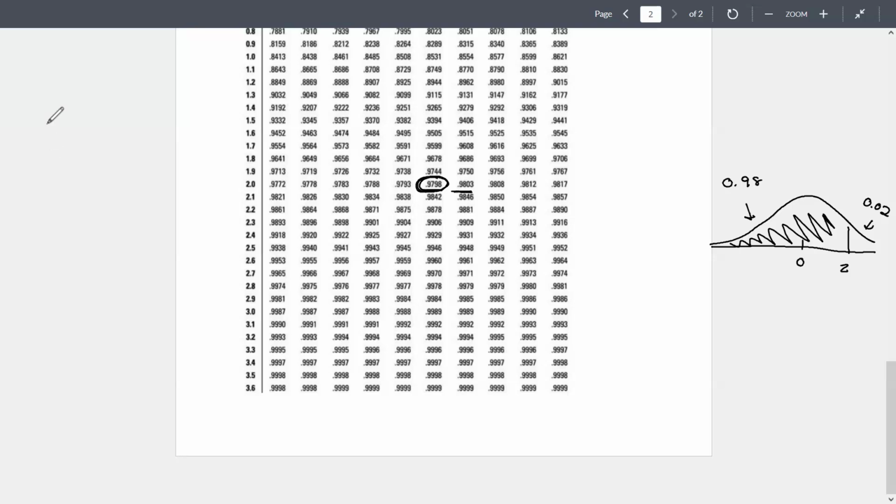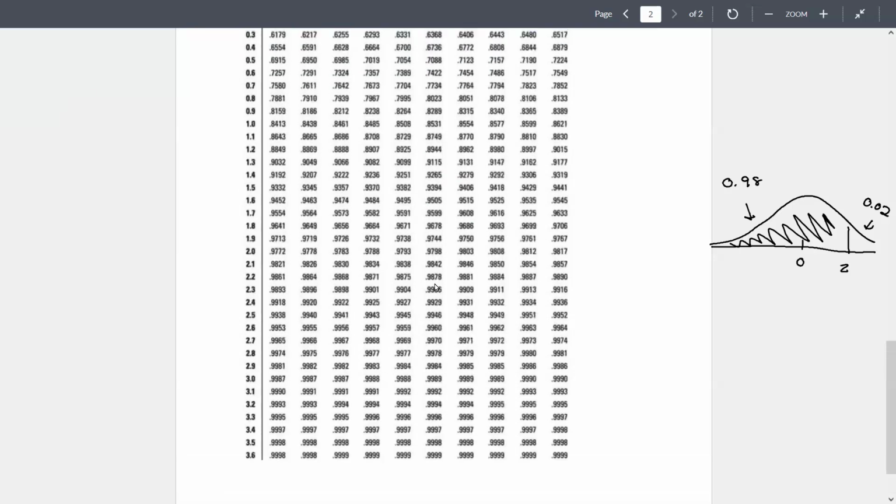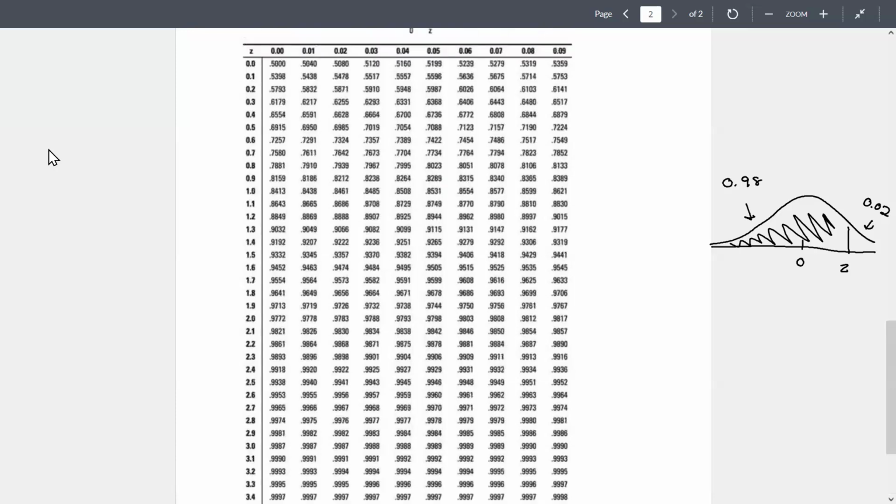Okay, so I'm going to do a little adjusting here. Now that I found it, I've got to find it again. There.